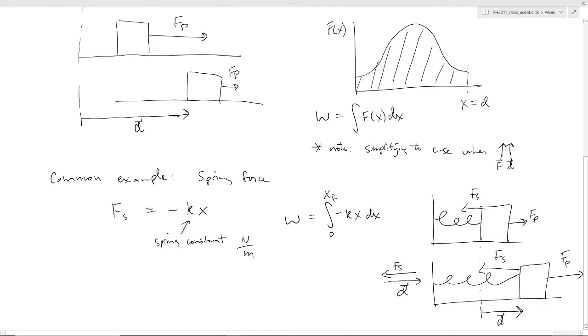So when we go to evaluate this integral, what would this look like? Well, we would have that the work, the integral of something proportional to x, would be x squared over 2, evaluated from 0 to capital X final.